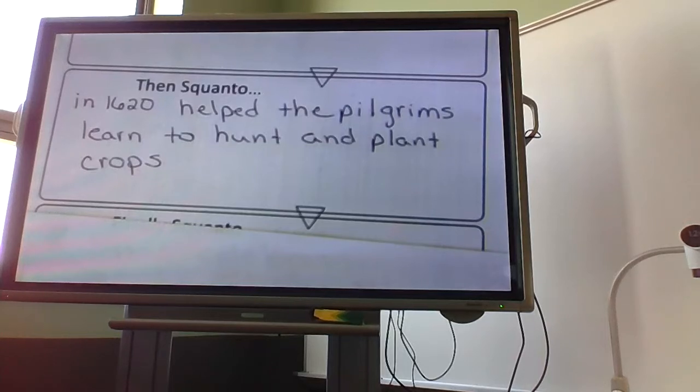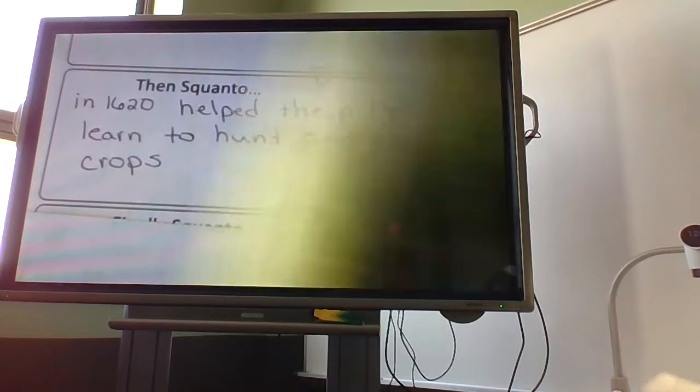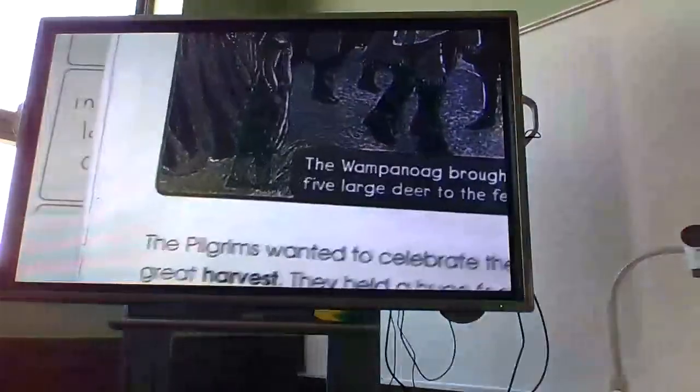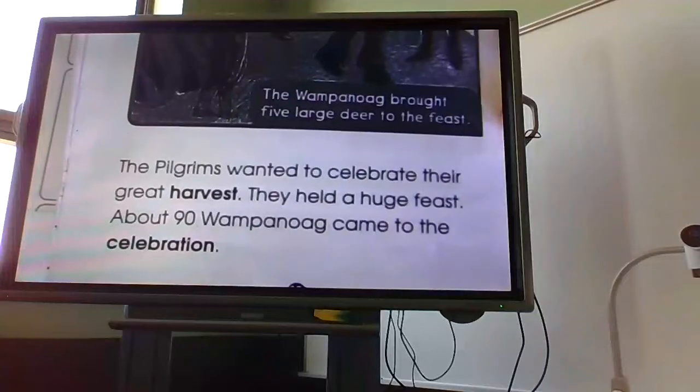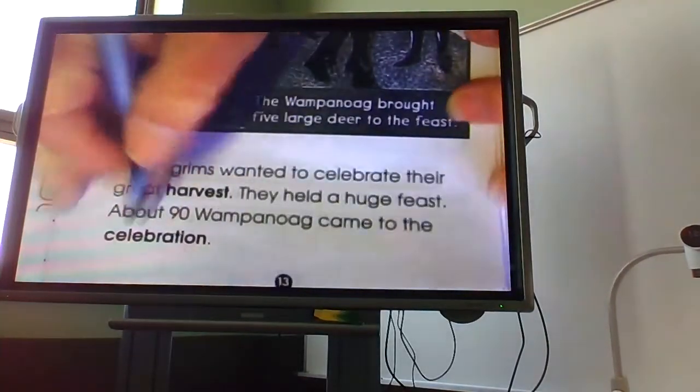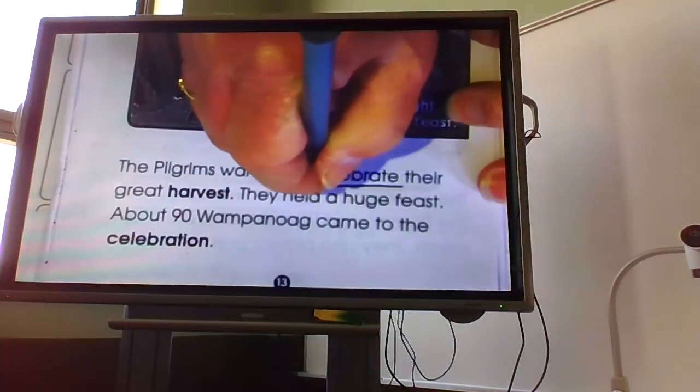Then for the very last one, we're going to look at page 13 in your book. It looks like this. We're going to look at multiple pages. It says they had a celebration. So they were going to celebrate.